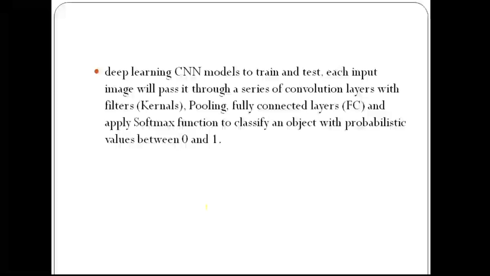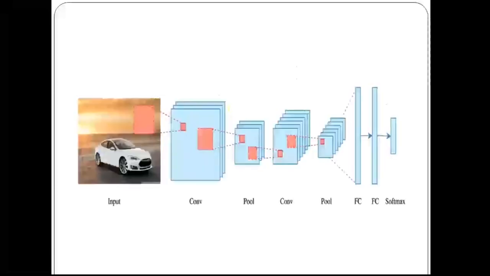Okay, we use the CNN model to train and test each input image through the use of kernels. What are we using? Kernels and filters. We also use pooling to reduce the size of the image, and then pass the input to the fully connected network. And lastly, we apply the softmax function to classify the object.